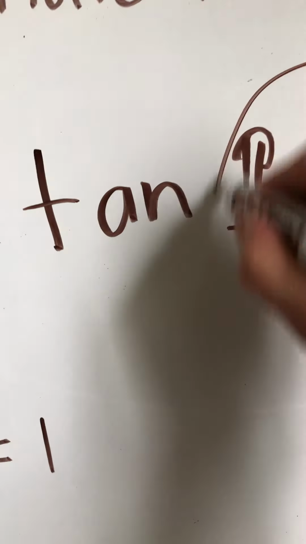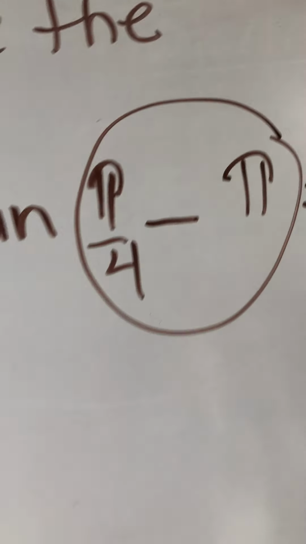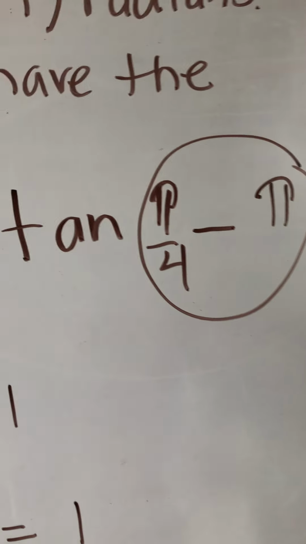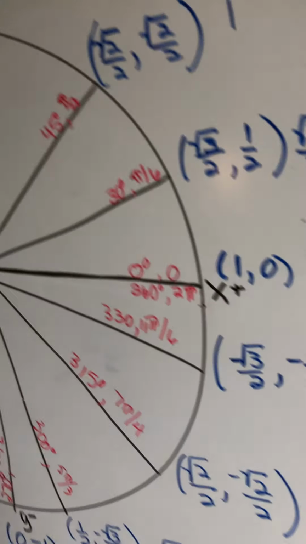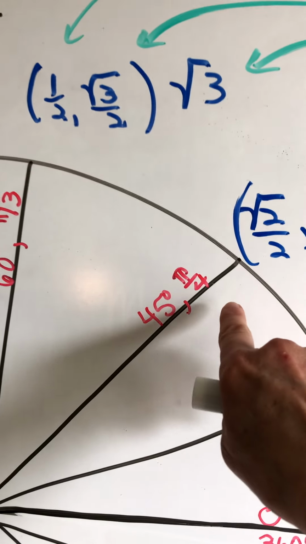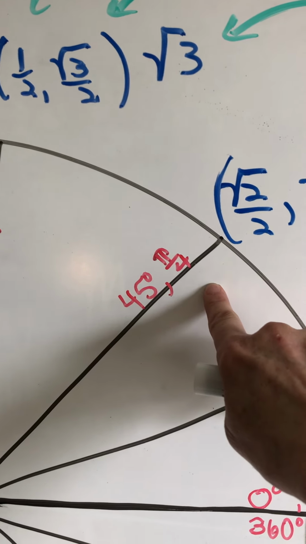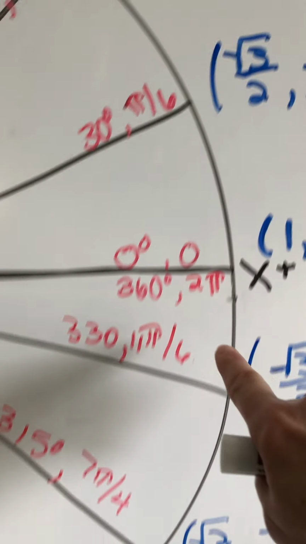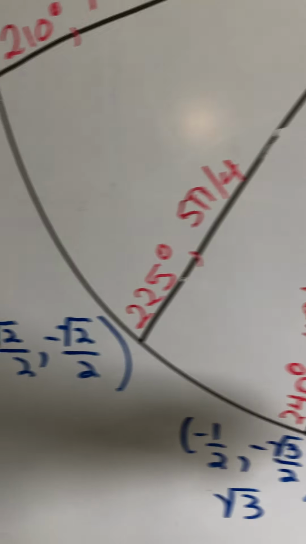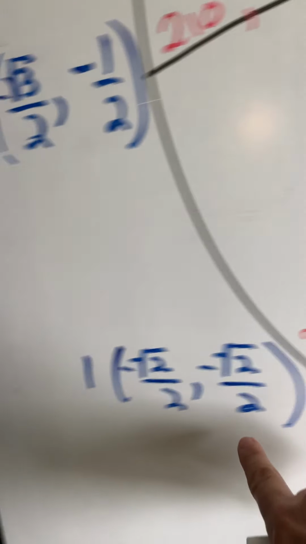So I just want you to know this would be an answer also. Let's take a look. Let's go to pi over 4 for tangent. There it is. I'm going to go downward a half circle. There we go. Oh, of course, tangent's 1.